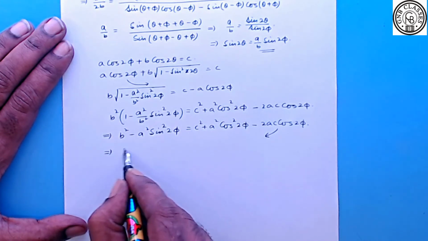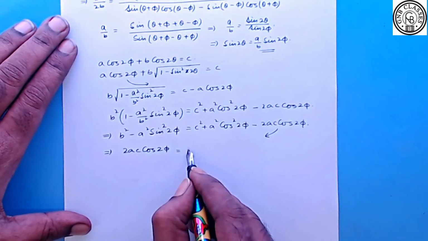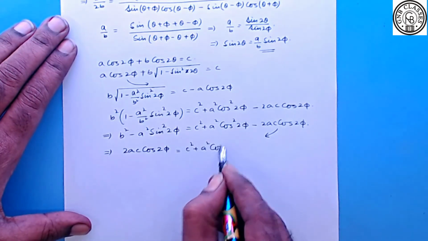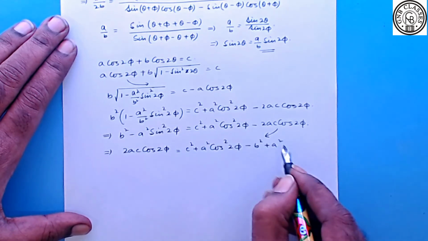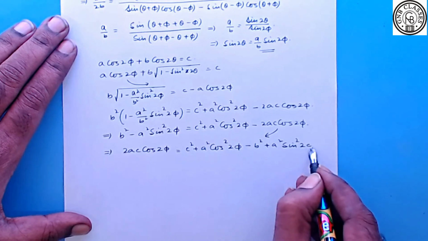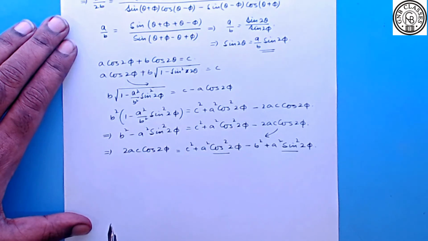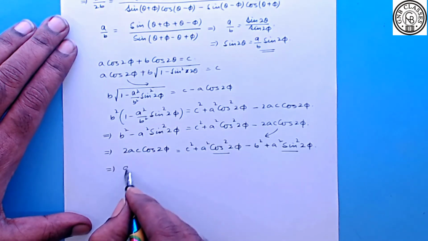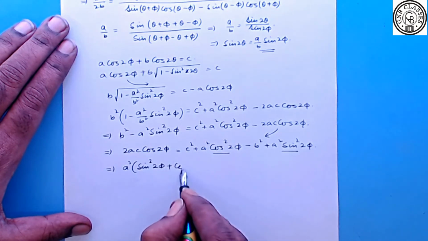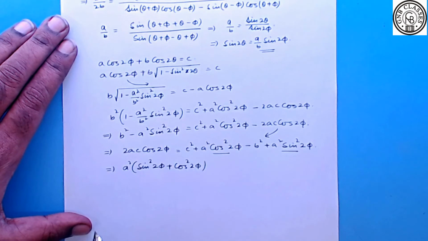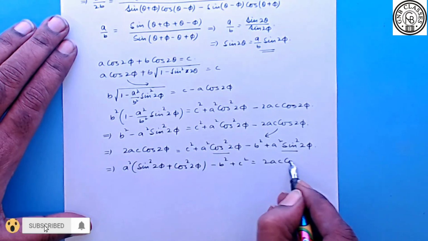So we are having basically... Is it okay? Now from this 2, if I take A square common, so we are left with minus B square plus C square, which is equals to 2AC cos 2 phi.